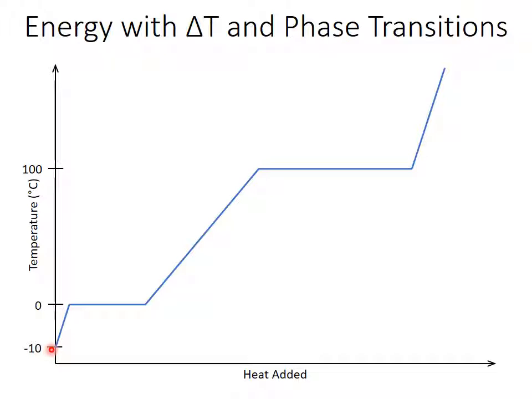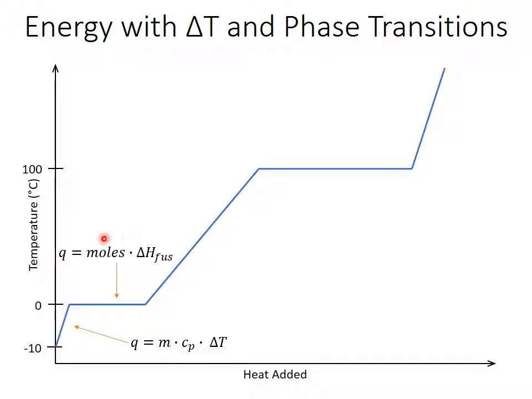First, we need to warm that ice up to the melting point, and that's a process that is best described by the Q equals M Cp delta T, because we're doing a temperature change, we're not doing a phase change. Once we get to 0 degrees, however, all the energy we're putting into the system is consumed by converting the ice to water, which means that we need to use the phase transition.